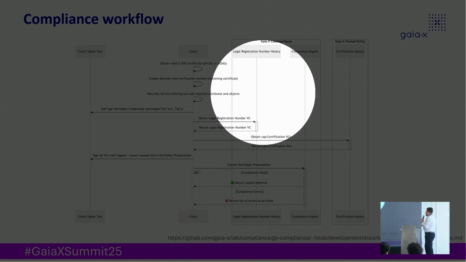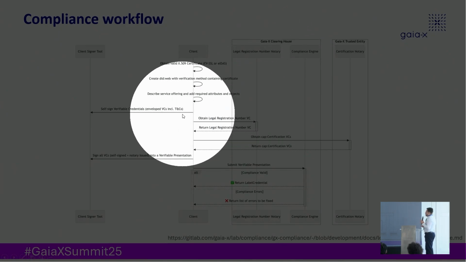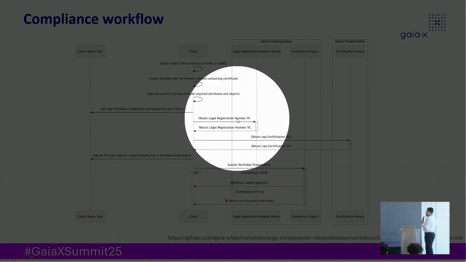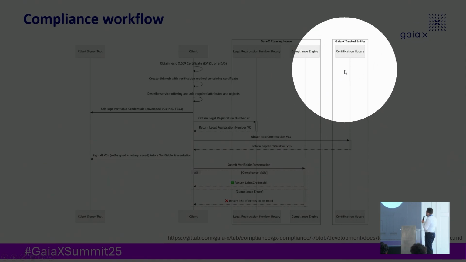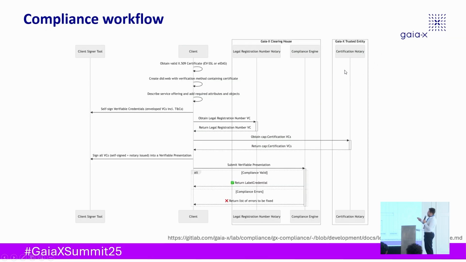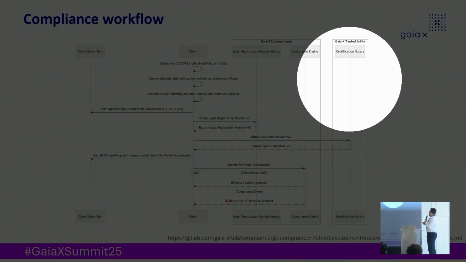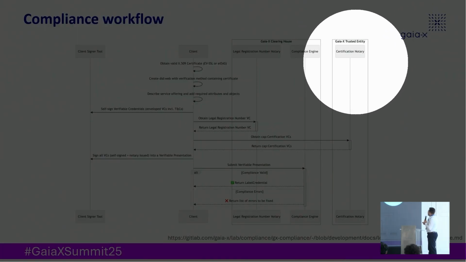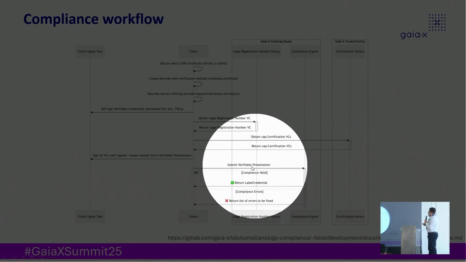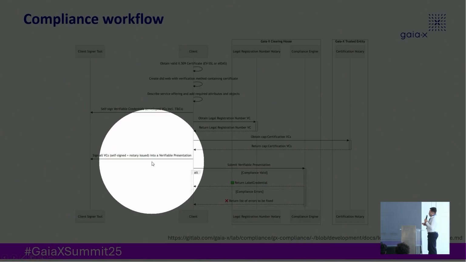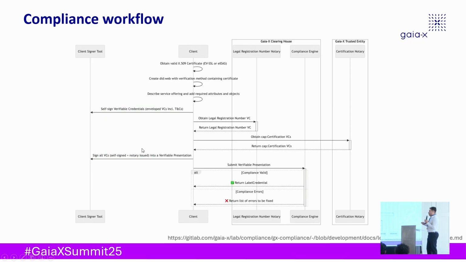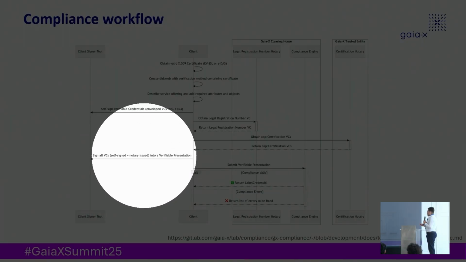Next, once you get the legal registration number, you also want to obtain a CAP certification VC, which is why we spoke a little about the certification notary. So we will need to call the Gaia-X certification notary to get our CAP certification VCs. Of course, we also need to sign all those VCs so they are protected.